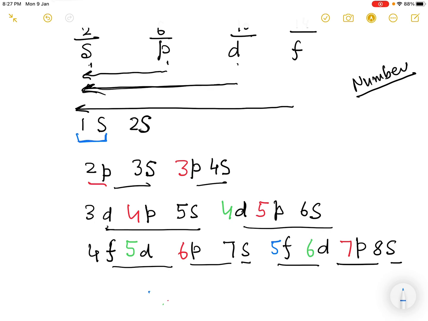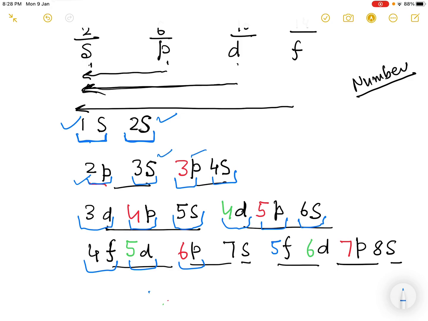This orbital has least energy. Then it is more than this 1s. Then we come to 2p, then 3s, this 3p, 4s. This is the order of the energy increasing in this order. These are the ascending order of orbital energy. And first the electron goes to this orbital, then this, and then this, and so on.